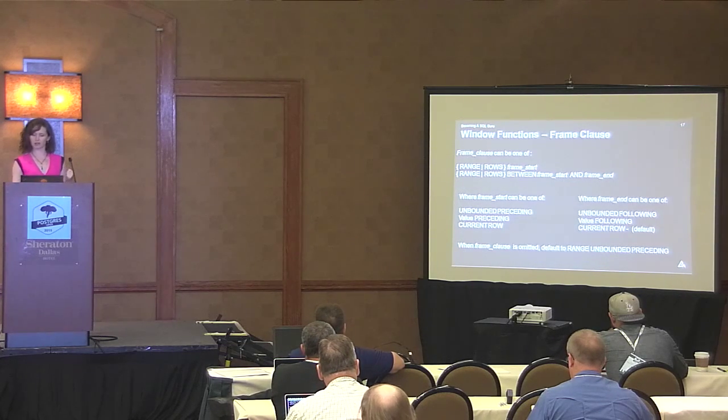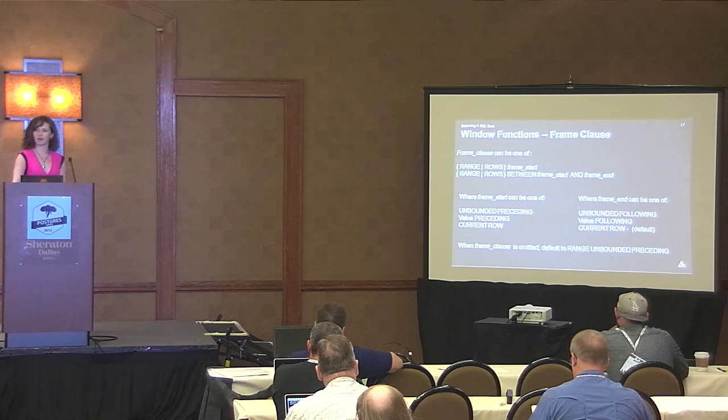The frame clause specifies the set of rows constituting your window frame. If it's not specified, the default is RANGE UNBOUNDED PRECEDING, and within your frame clause you have a frame start and a frame end. The default for frame end is always the current row unless you specify otherwise.